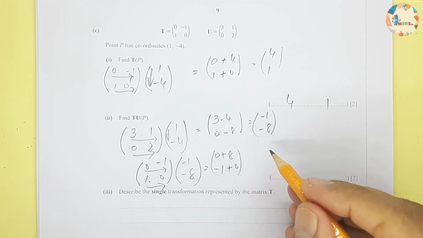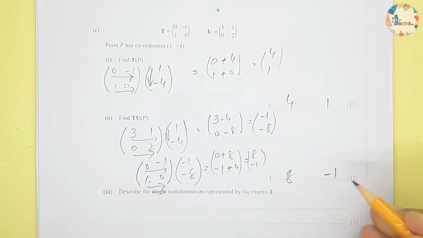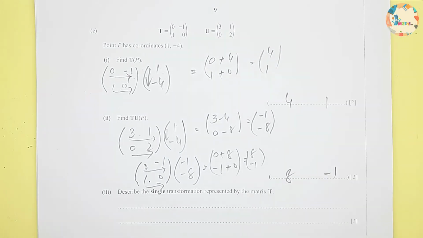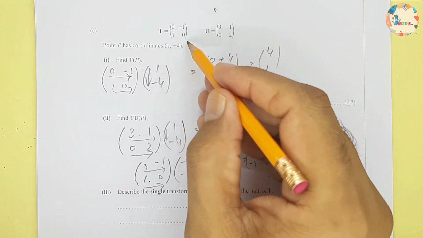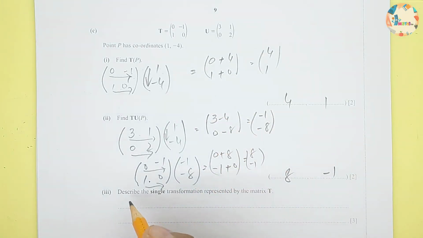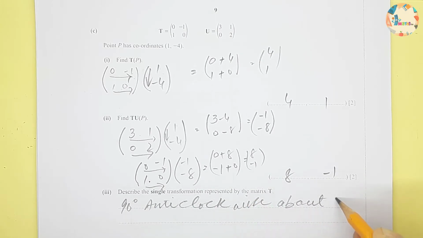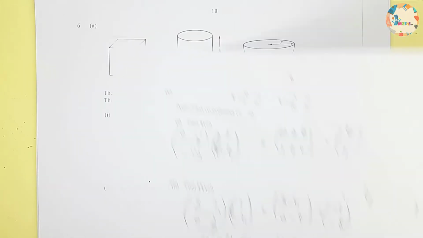So 8 and -1, and in coordinate form we will write (8, -1). Describe the single transformation represented by the matrix T. We know this is rotation 90° anti-clockwise about the origin, so we will write here 90° anti-clockwise about the origin, about (0, 0).